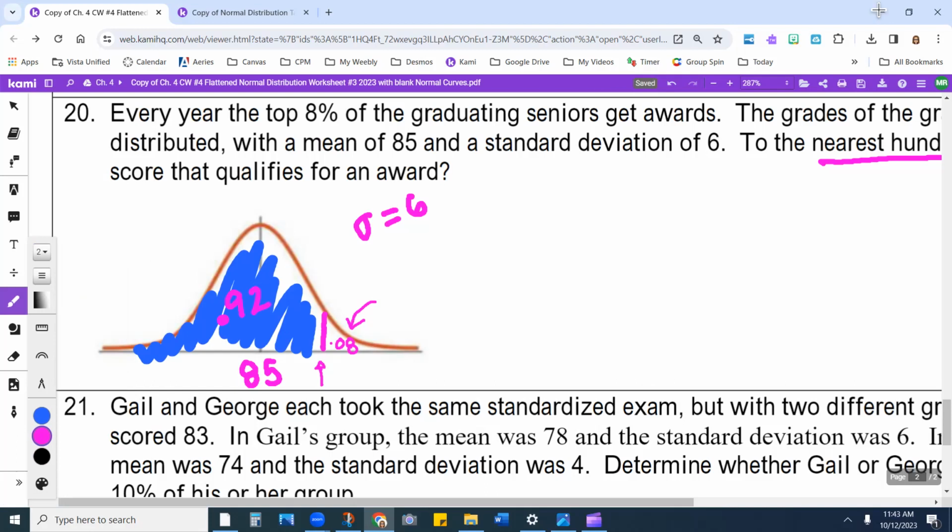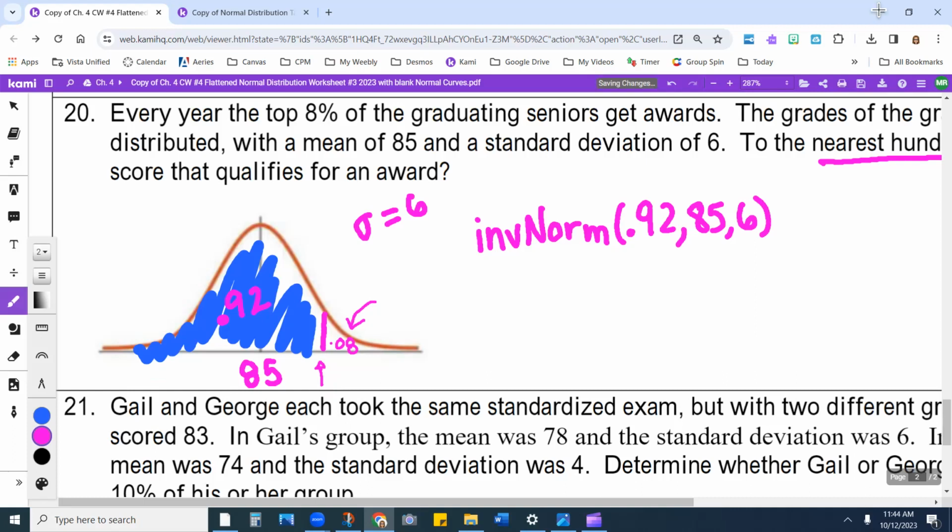I want 92% because 92% of the data is going to be in front of it. So we're going to do inverse norm. It's going to ask us for the area. I want to be in the top 8, but it starts from the left side. So I need to put in 0.92 as the area. My mean is 85. My standard deviation is 6.